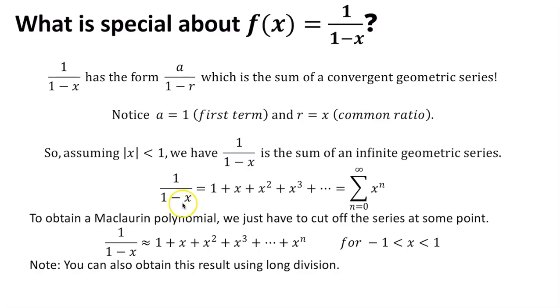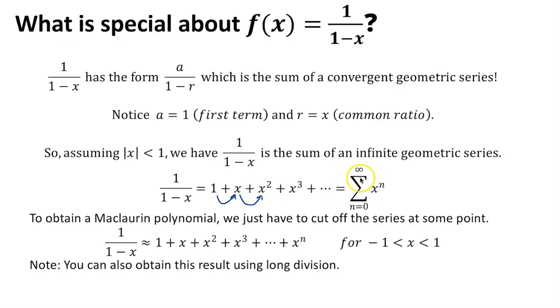So 1 over 1 minus x in expanded form can be written as 1 plus x plus x squared plus x cubed, because what's happening is 1 is the first term, so the number on top is the first term, and then to get from term to term, we multiply by the common ratio. Well, we said r, the common ratio, is x. To get from one number to the next here, we are multiplying by a copy of r each time.